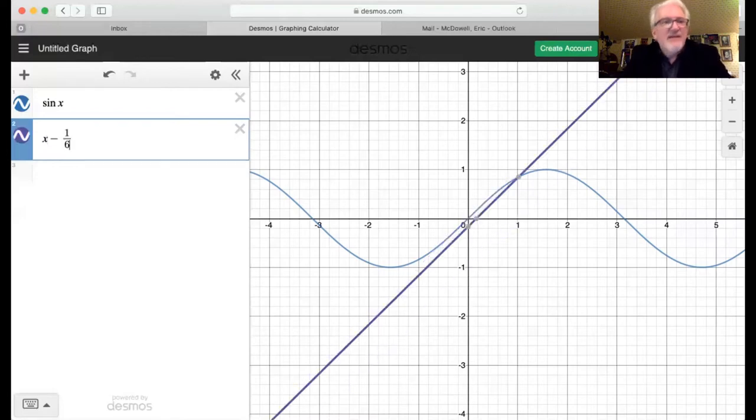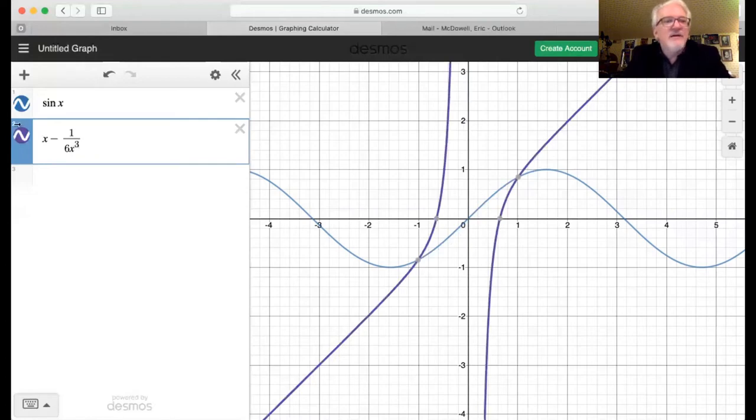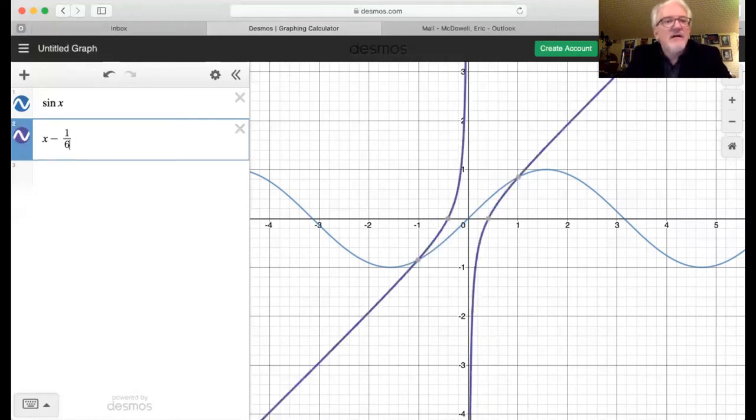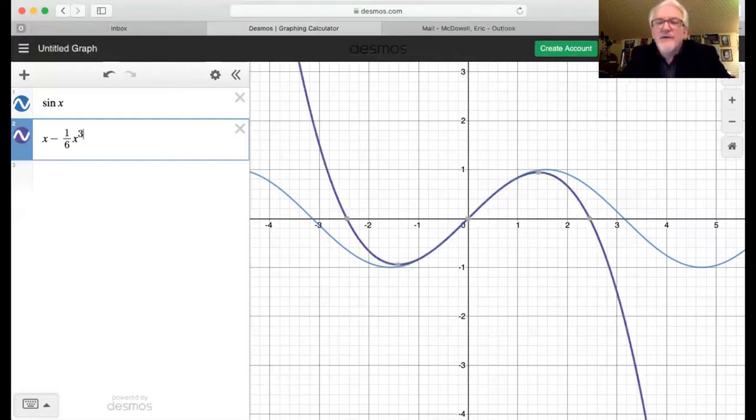Let me take a look at this one. There we go. So x minus 1/6 x cubed. Wow, that really hugs the graph of sine of x on the interval, looks like between -1 and 1, and even just a little bit further.